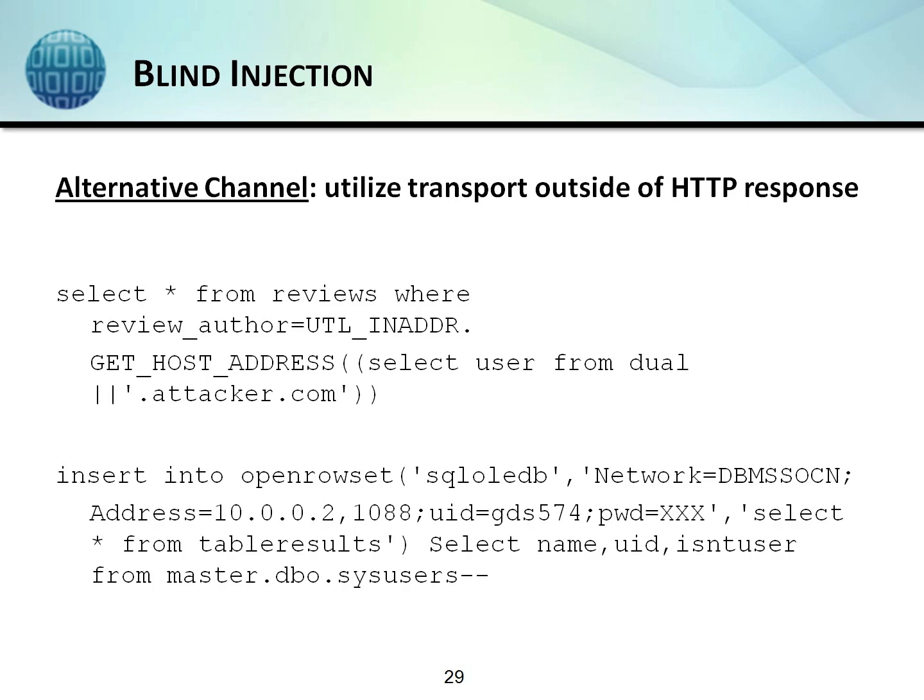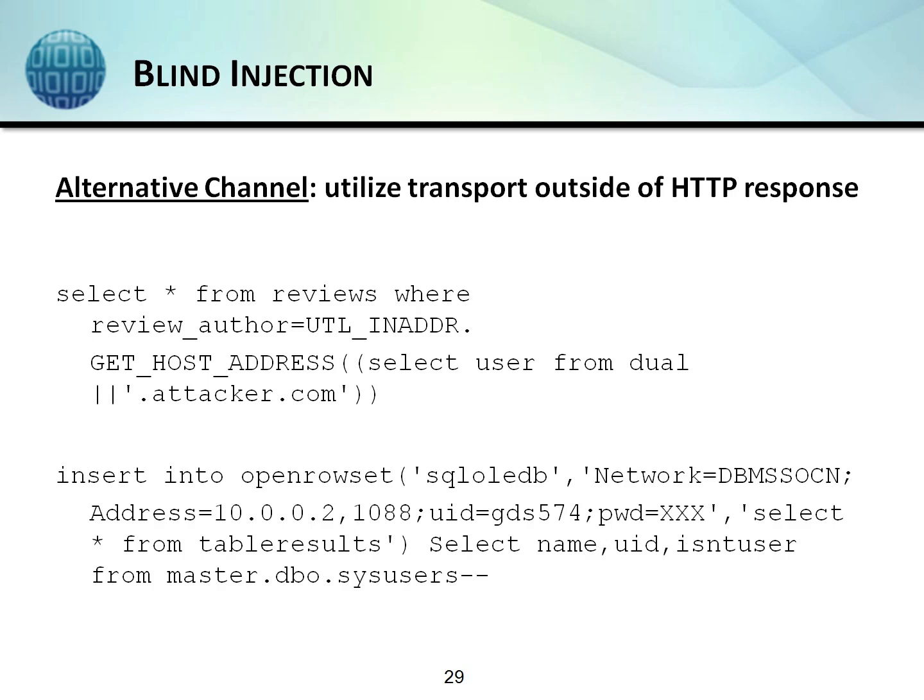So in this first example, the attacker actually controls the DNS server for attacker.com, and so the result of select user from dual is going to be appended to .attacker.com, and the get host address is going to run a DNS query, and it's going to query the root DNS server for attacker.com, and if we own that DNS server, we can sniff the DNS queries and actually start getting the query results. So this is kind of a neat way to get data from the database server if you're not getting anything at all back in the browser.